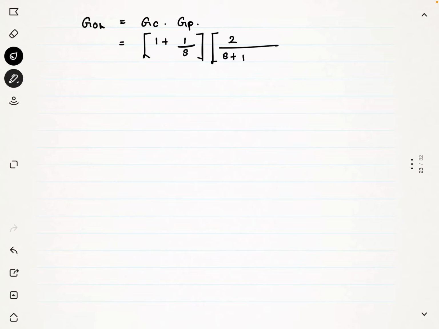We need the open loop transfer function because we are doing the frequency response analysis. Gc into Gp. So the controller transfer function is 1 by 1 plus S, using the direct synthesis method, we have found this out. And then the process transfer function is 2 by S plus 1 into e power minus 0.2 S.